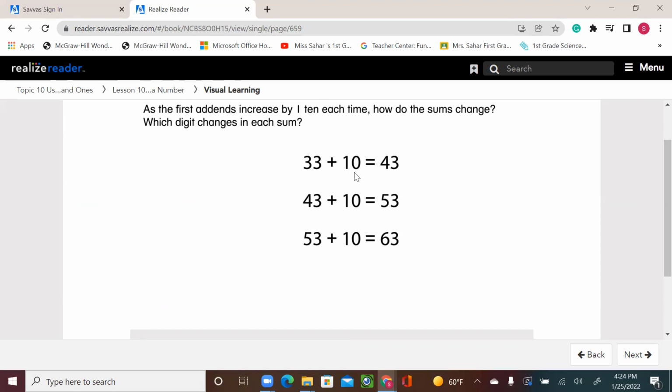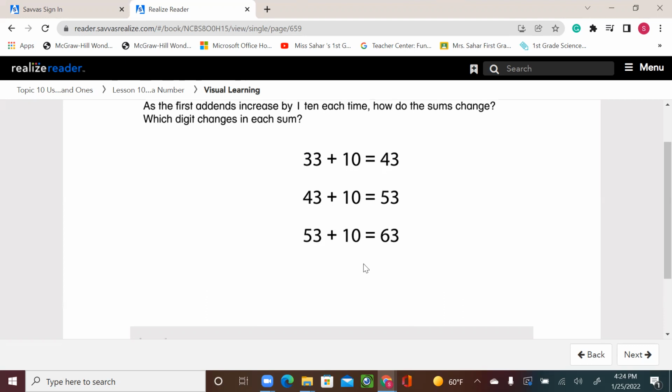So look at it, 33 plus 10, 43 plus 10, and 53 plus 10. As you see, when you add 10, the tens increase by 1. So instead of 33, the tens increased by 1, 43. 43 plus 10, as you see, the 4 tens became 5, so 53. 53 plus 10, 63.